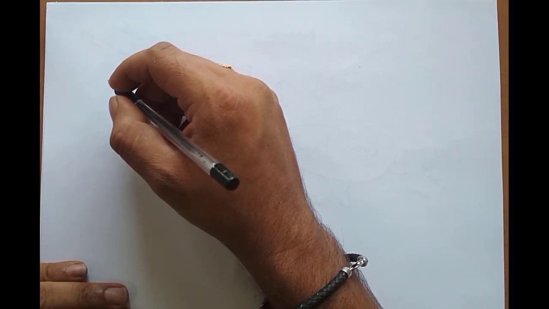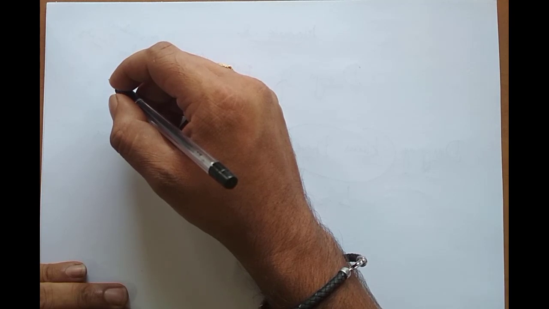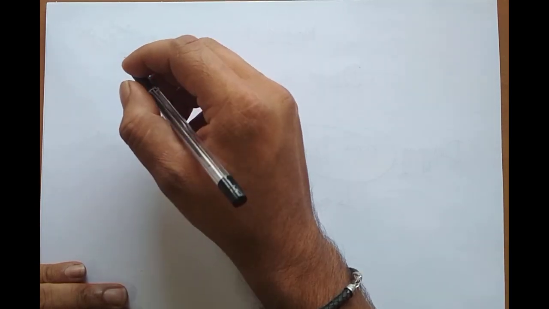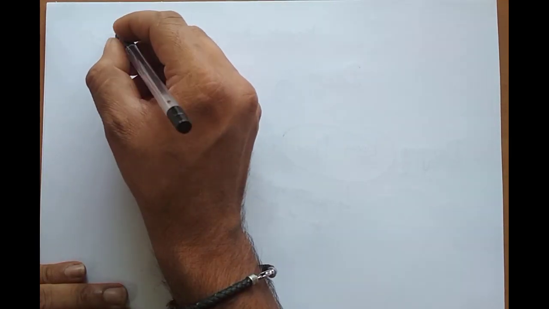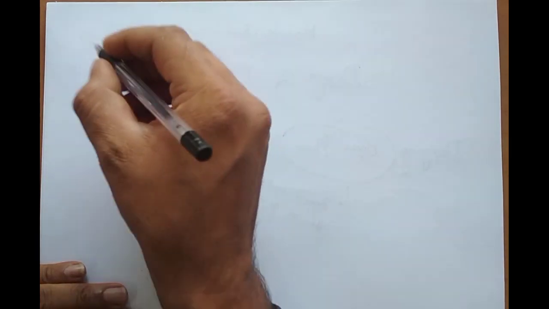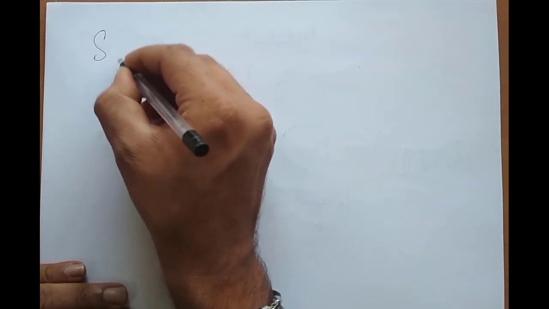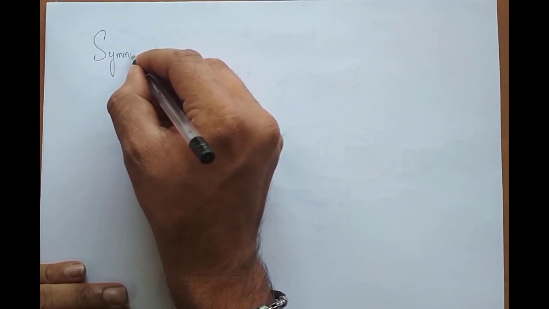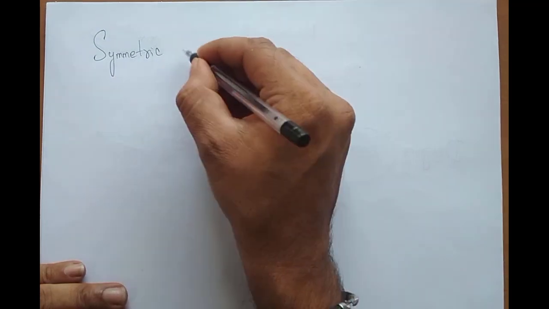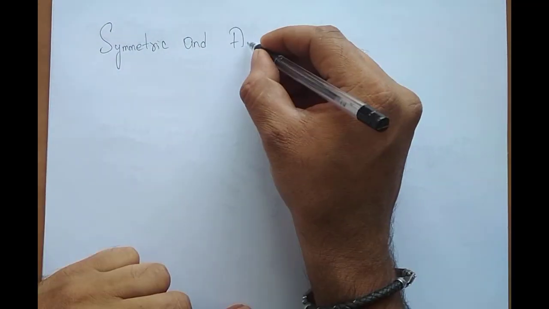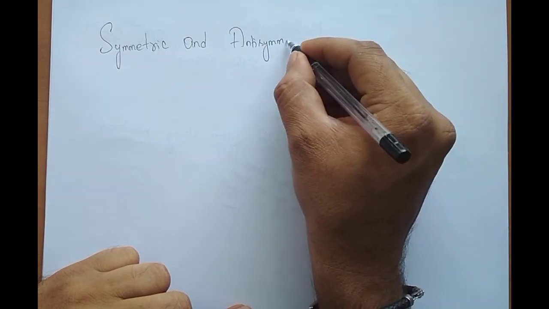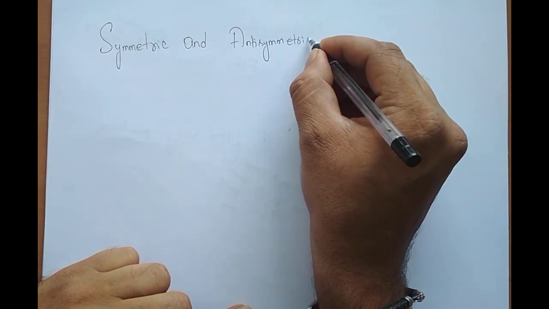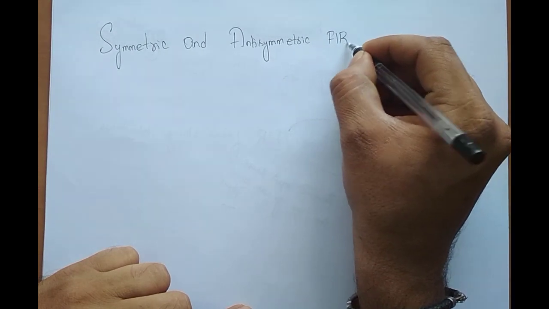Before we take up a problem on designing a FIR filter, we need to have some prerequisites which we are going to discuss in this lecture. With respect to impulse response, we have symmetric and anti-symmetric FIR filters.